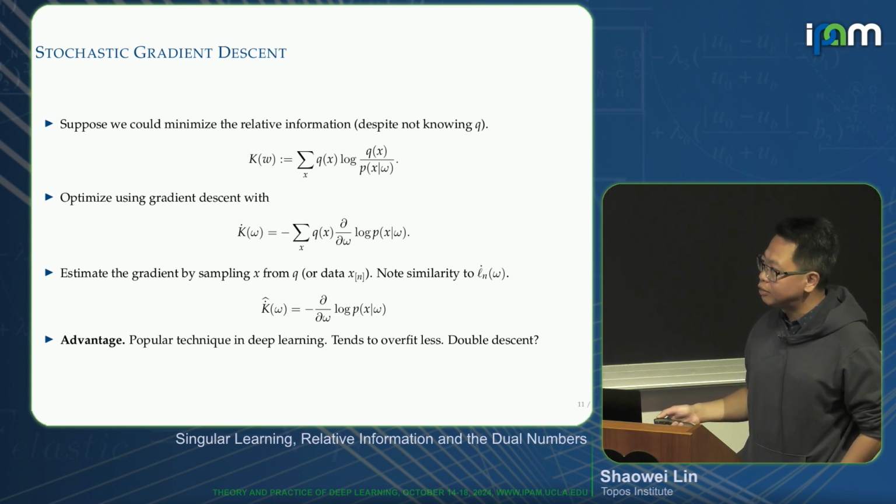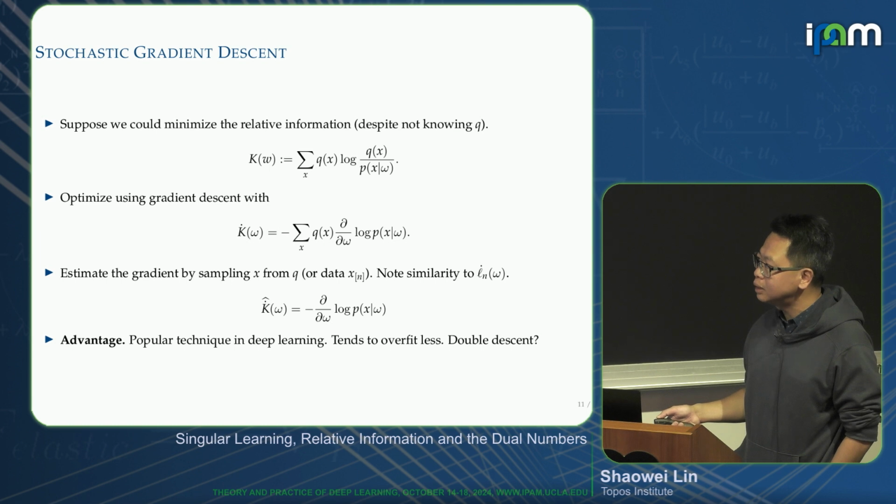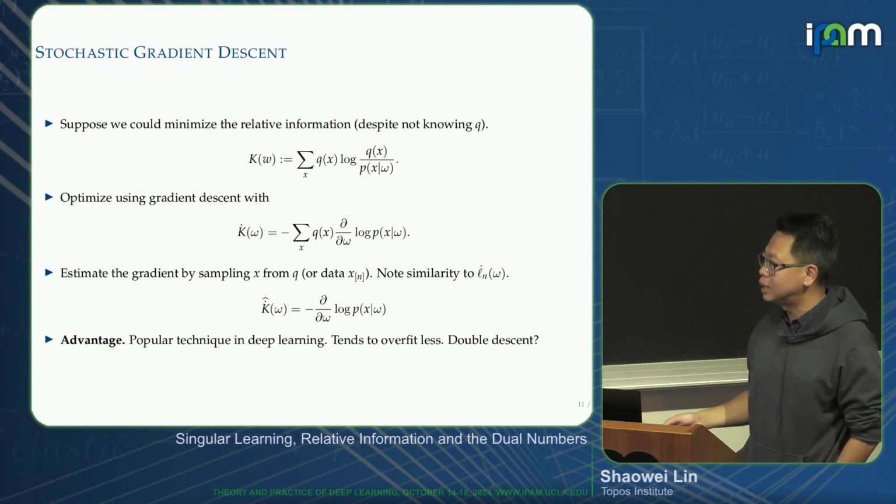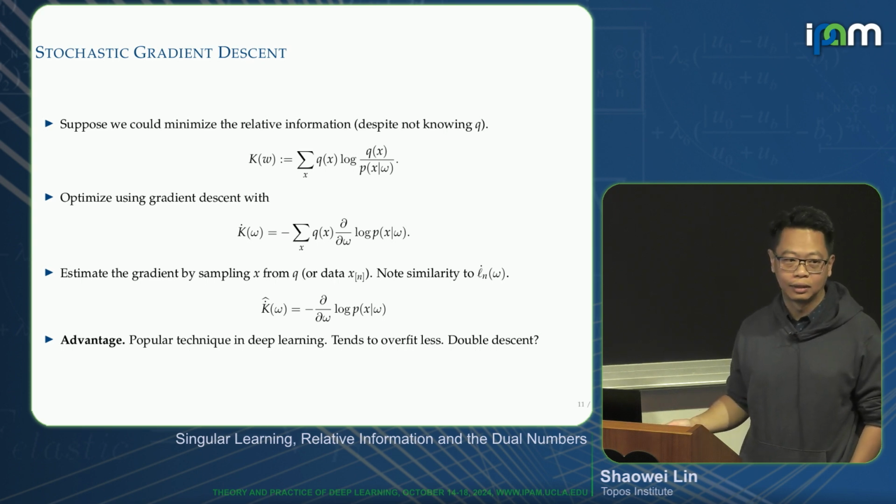You take the derivative of the relative information. This gives you this sum over the gradient of the log likelihood with respect to Q. Now, if you wanted to estimate this gradient, one way is to sample x from Q and then take a one-point sample of the gradient.